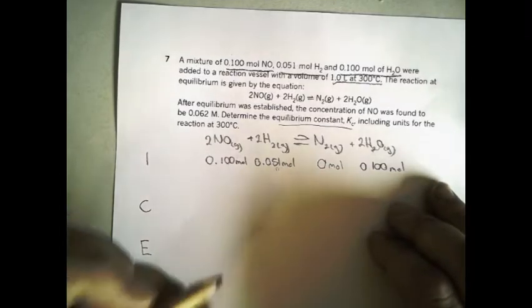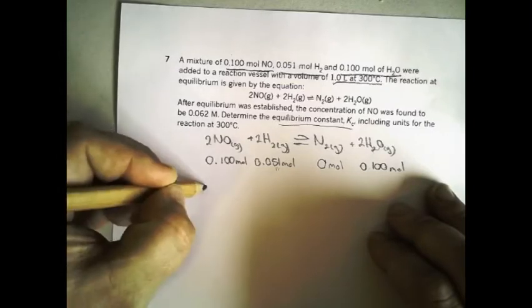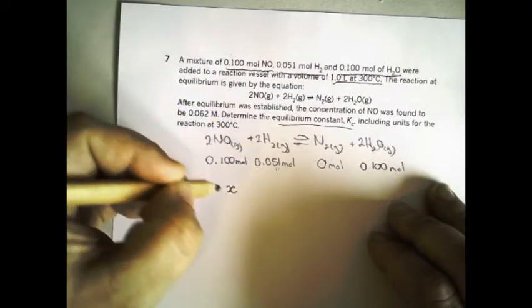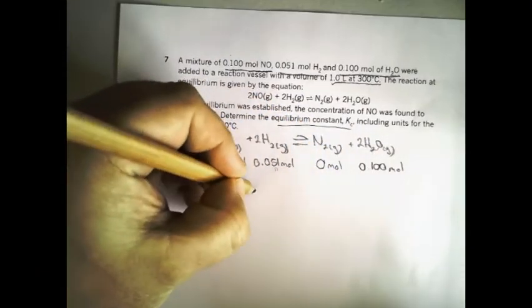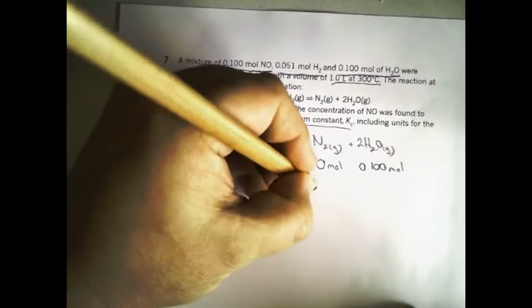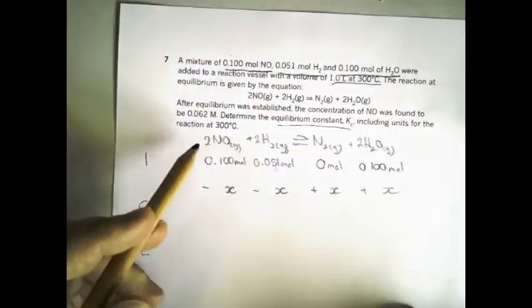So what we need to recognize is that we're going to lose some X over here as the reaction occurs, because it's going to run in this direction because there's 0 moles here. We're going to lose some X here, and we're going to gain some X here. And we're going to gain the X in the same kind of ratio as the mole ratio.